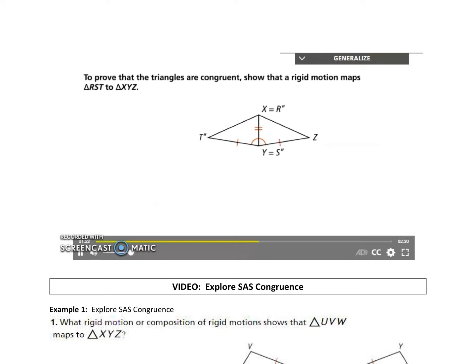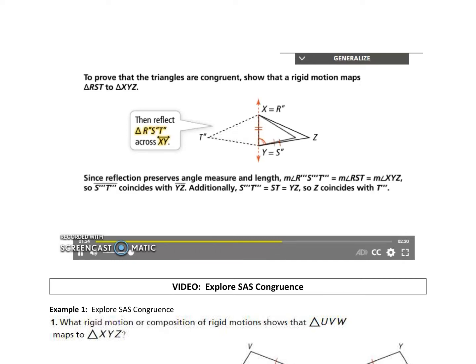To complete the mapping of triangle RST to triangle XYZ, reflect triangle R', S', T' across line XY. Since reflection preserves angle measure and length, the measure of angle R', S', T' equals the measure of angle RST equals the measure of angle XYZ. So segment S', T' coincides with segment YZ.